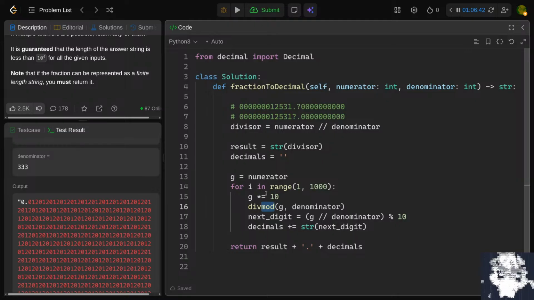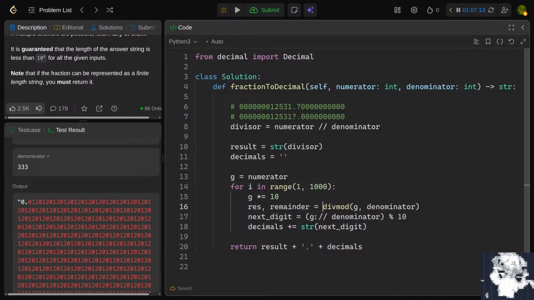So I don't think this helps. The other thing I was going to say is... no, never mind. Okay, div mod gives you the divisor and the remainder.